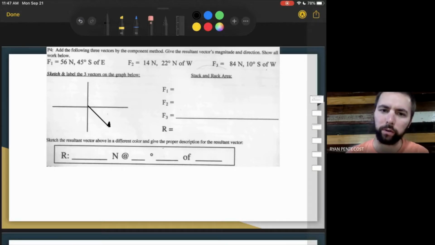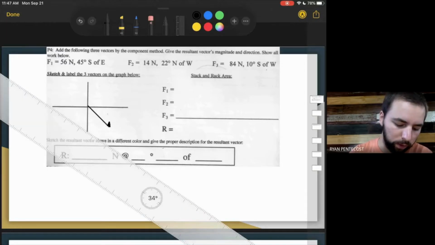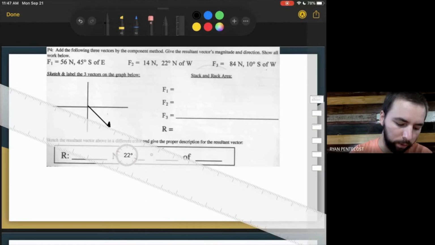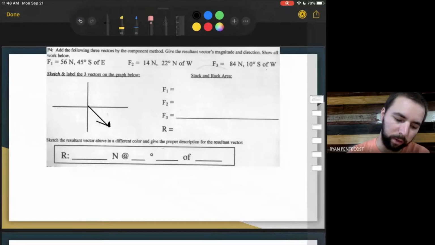The next vector is 14 newtons, 22 degrees north of west. But we need 22 degrees from our vector right there. So this is 14 newtons. Let's see, that's significantly smaller. So we will end our vector right there. Put a little arrowhead on it.